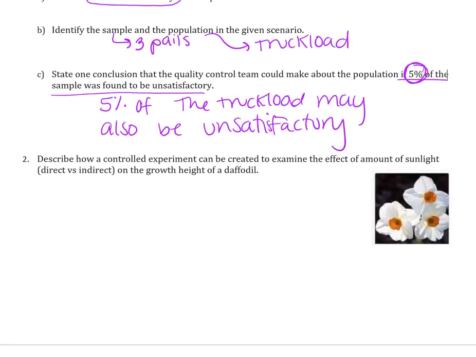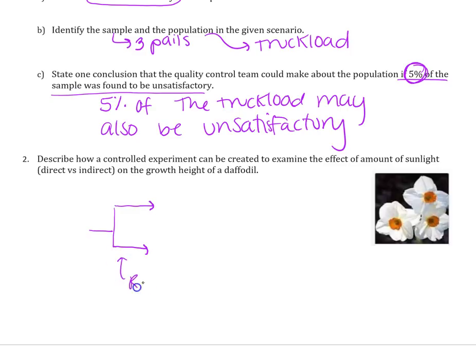Describe how a controlled experiment can be created to examine the effect of the amount of sunlight, direct versus indirect, on the growth height of a daffodil. So basically, let's say you have daffodils. You would want to randomly assign them into 2 groups.